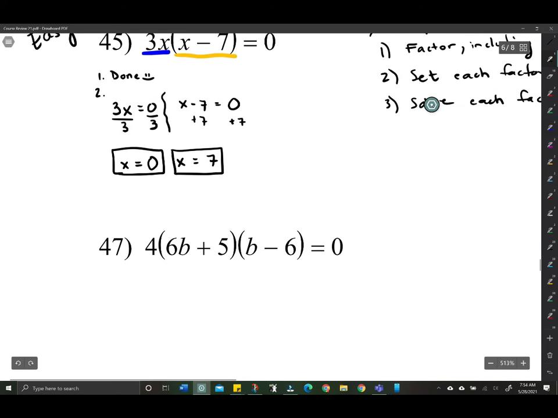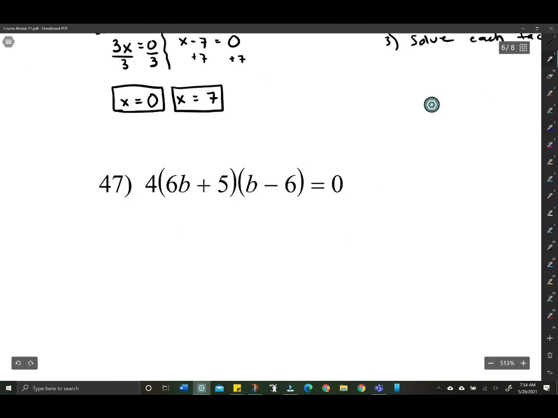47. Okay? Looks a little bigger, but again, don't panic. First off, it's already factored. Now, this 4 out front, since there is no variable, it really is not important.